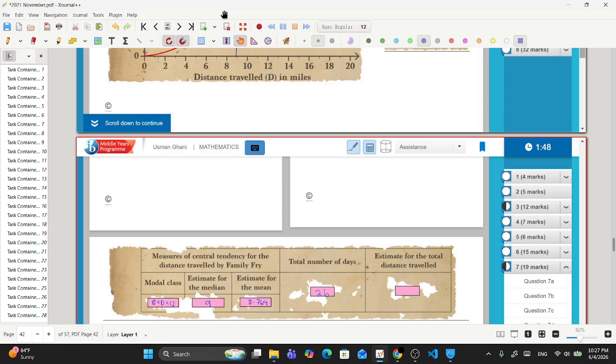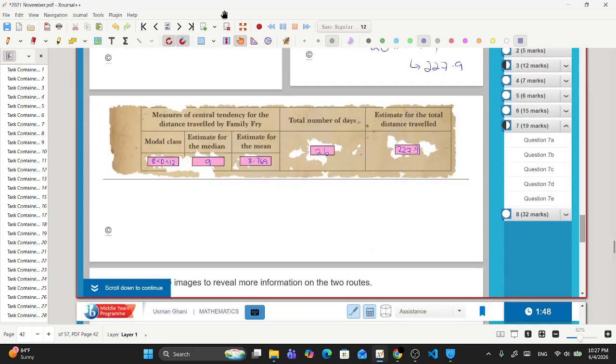Basically, the total number of days traveled was 26 and the mean is 8.769. So we're just going to multiply 26 by 8.769 and we're going to get 227.9. So yeah, this is the total distance that has been traveled. I hope it's clear to all of you.